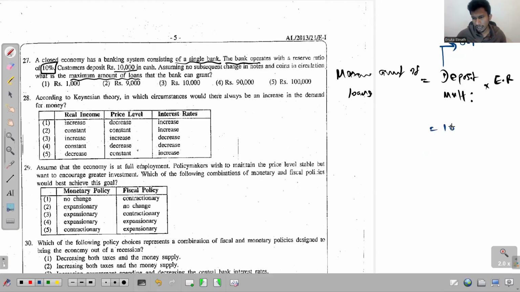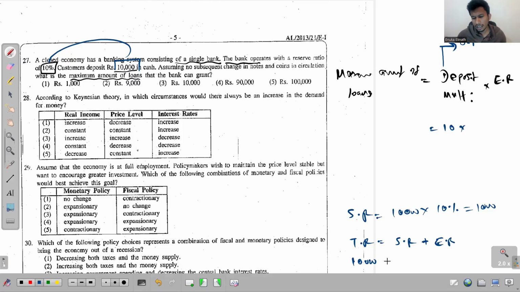So you write 10 into the excess reserve. See, the initial deposit is 10,000 and 10% on that is the statutory reserve. So initial deposit is 10,000. From that we take 10%. So that will give me just 1,000. And total reserve equals statutory reserve plus excess reserve. So total reserve for the time being is 10,000.